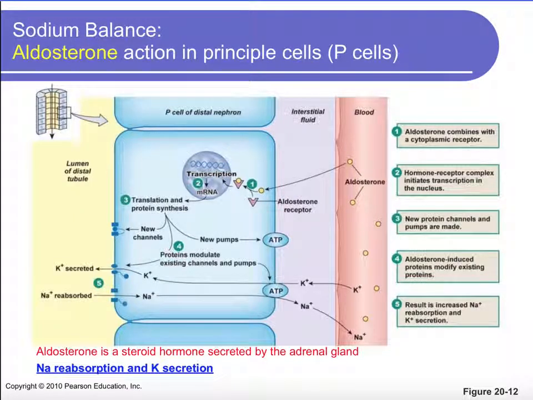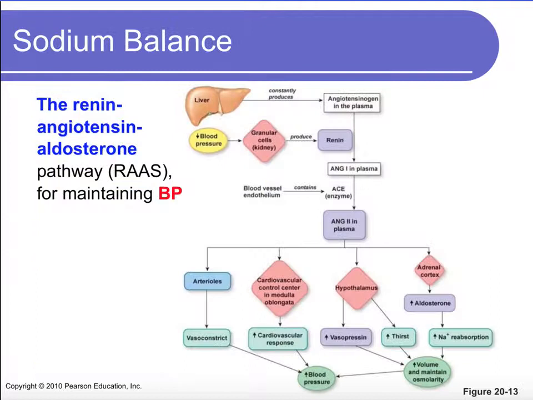And so we'll make new channels and new sodium-potassium pumps and insert them into the membrane. And that will allow us to reabsorb sodium and secrete potassium. And when sodium gets reabsorbed into the blood, water will follow because water follows sodium. So that aldosterone is quite important, obviously, in regulating blood volume and blood pressure.